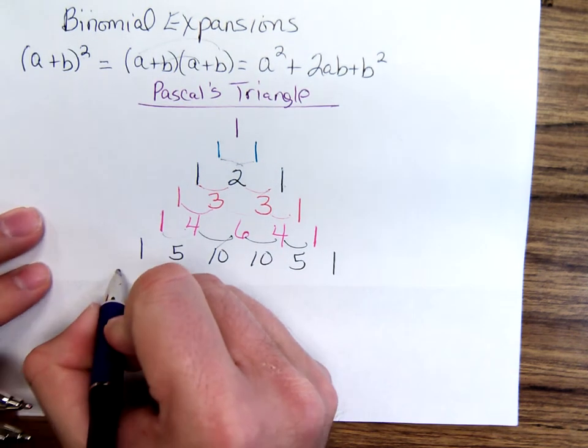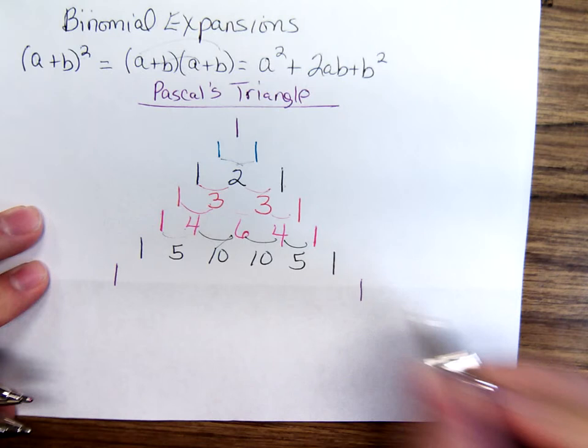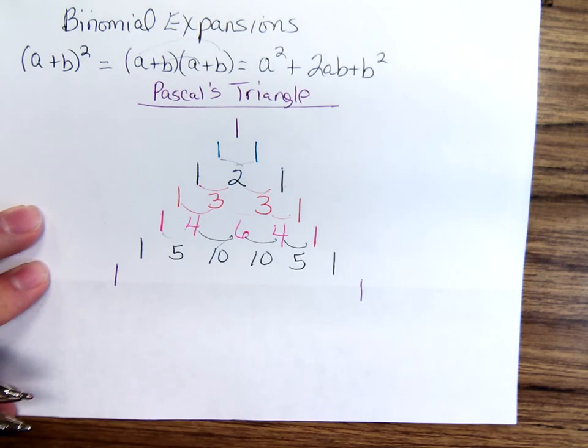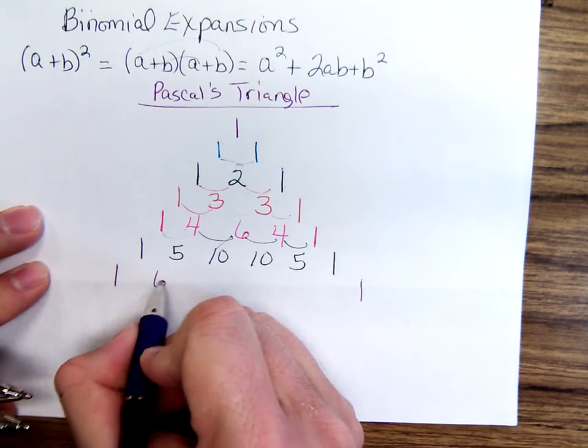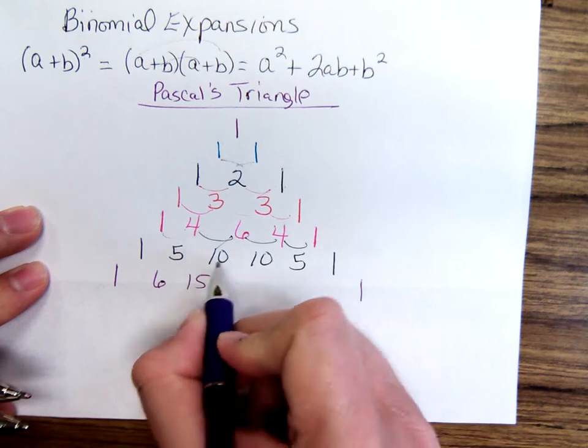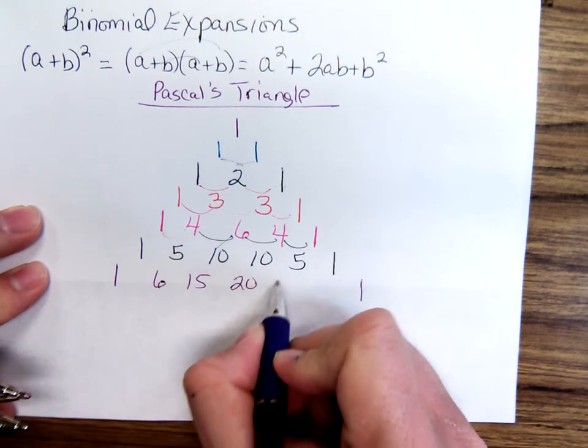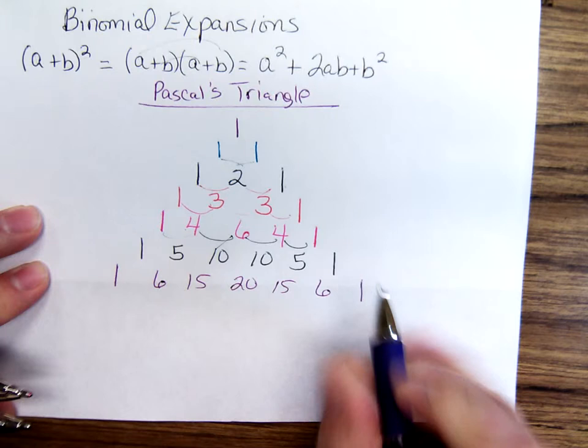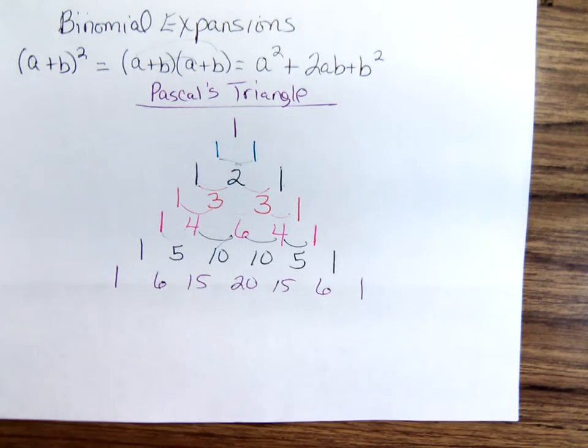This triangle goes on and on. Just for illustration purposes, maybe I'll make 2 more rows: 1, 6, 15, 20, 15, 6, 1.